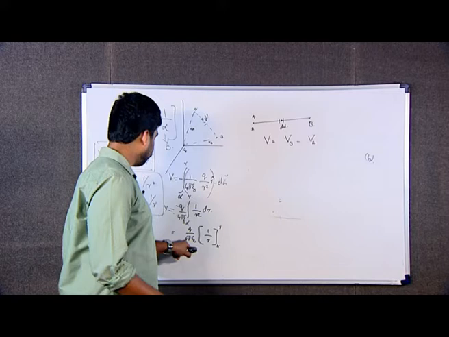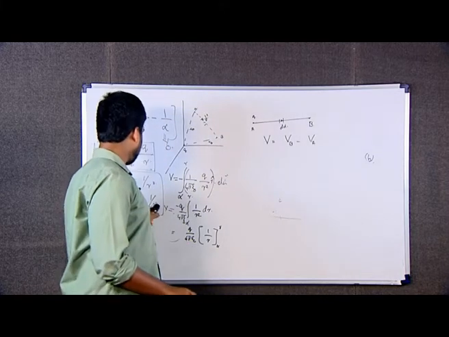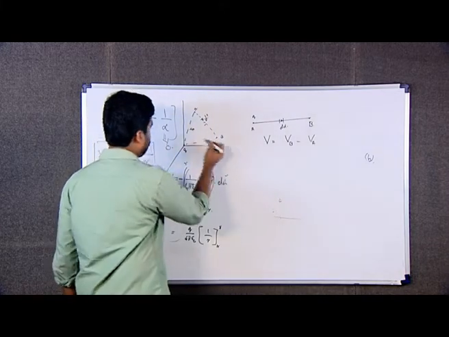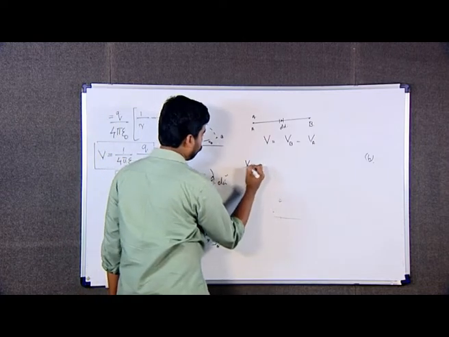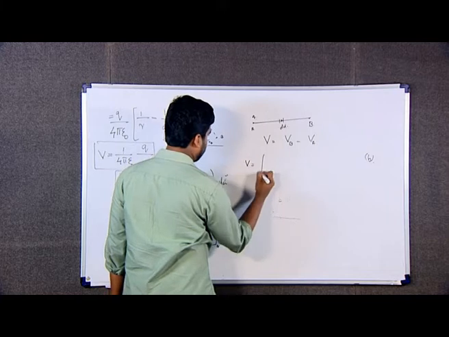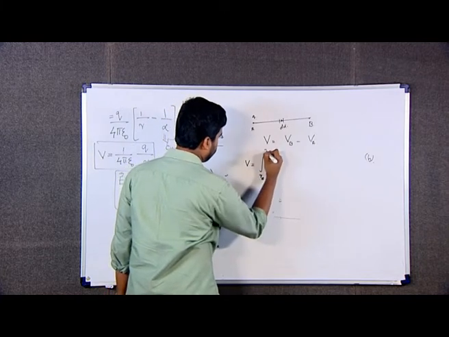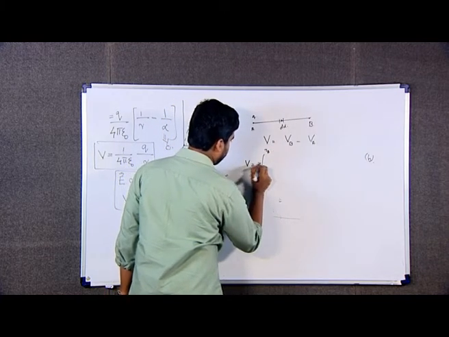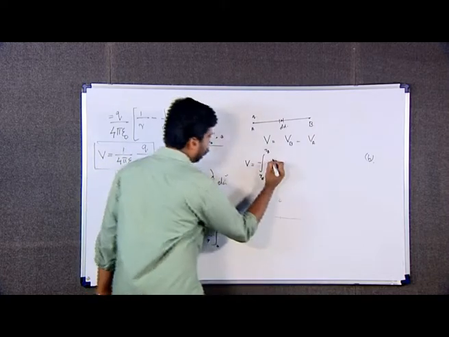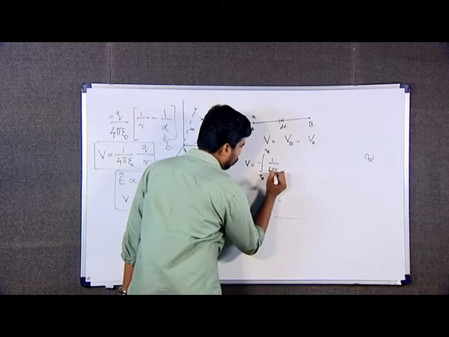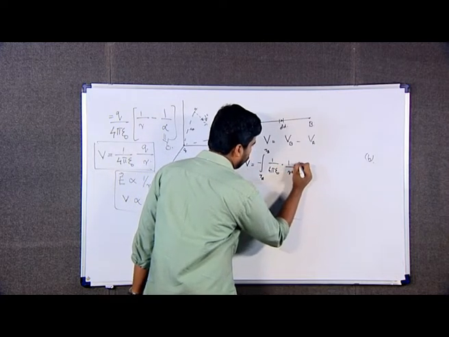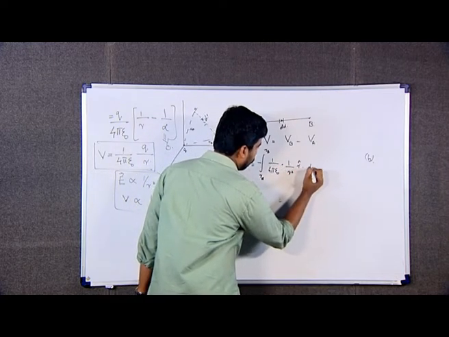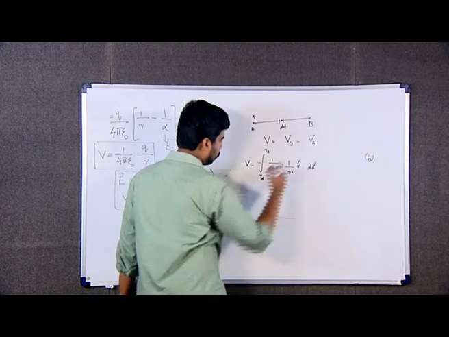Instead of infinity, you put the position vectors Ra and Rb. In the same case, you will get V equal to the integral from Ra to Rb of minus 1 by 4 pi epsilon 0 into 1 by r square into r cap dot dl. And we know that only the first term will survive.